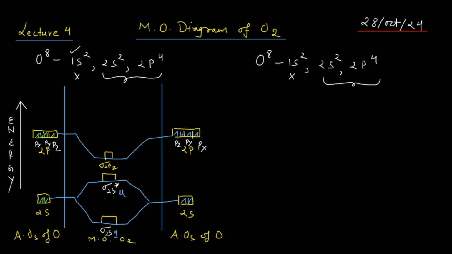Again you can notice one thing: for diatomic molecules which are linear, their molecular axis is basically the z axis. So the z orbitals form the sigma bond here, and the other two, px and py, form the pi orbitals. Again I am discussing these things, though I have discussed all of them in my earlier lectures.